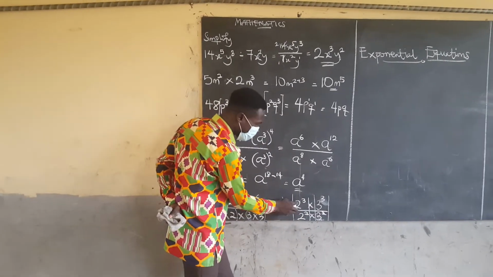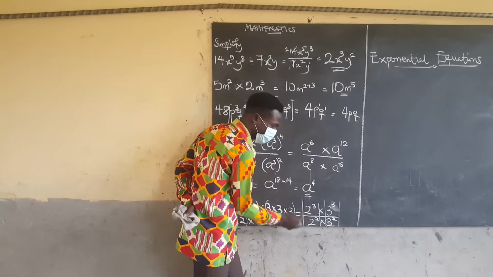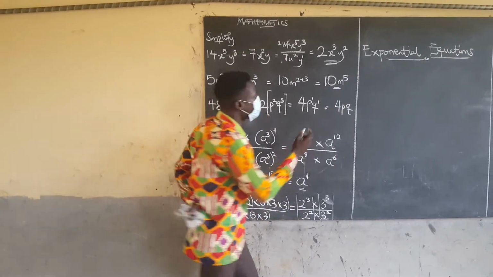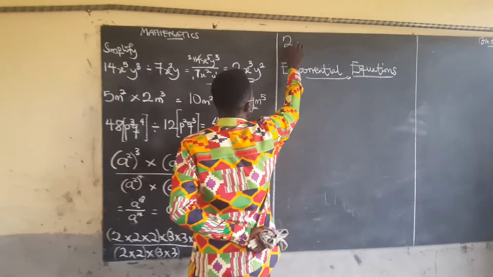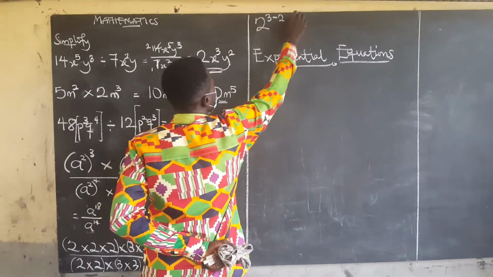So we can say 2 raised to the power 3 divided by 2 raised to the power 2. We can deal with that. The bases are the same. What do we do? Subtract the powers. So I will say 2 raised to the power 3 minus 2.